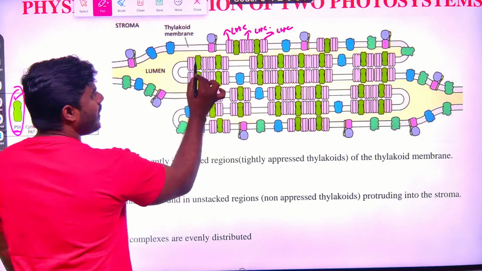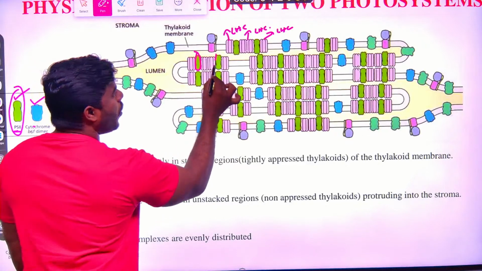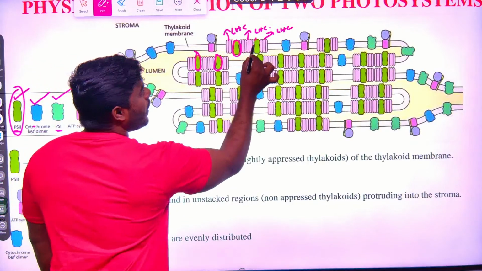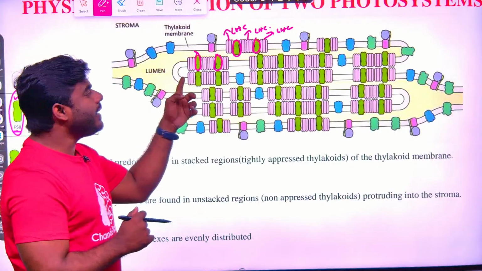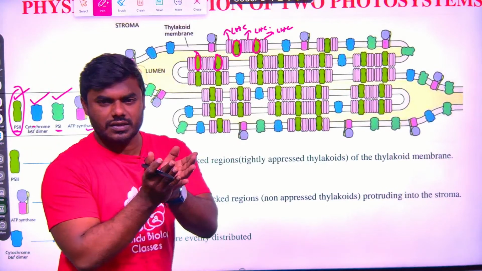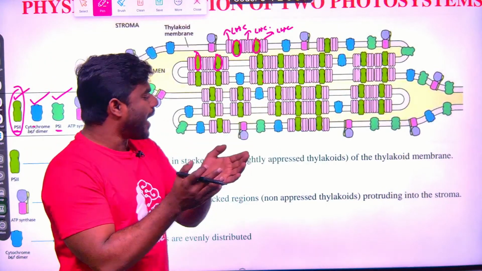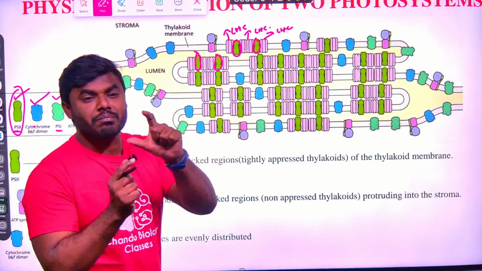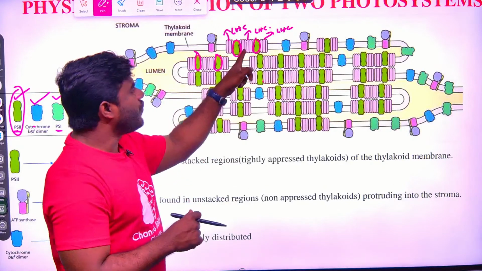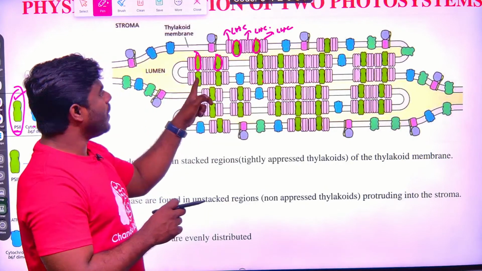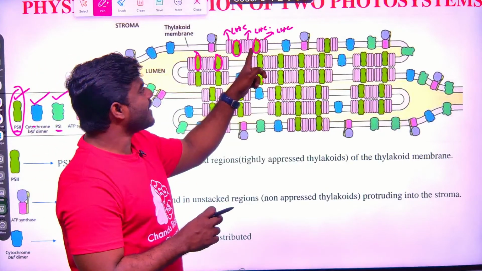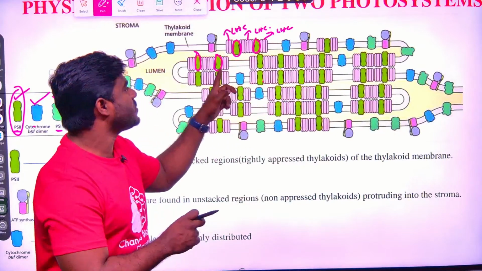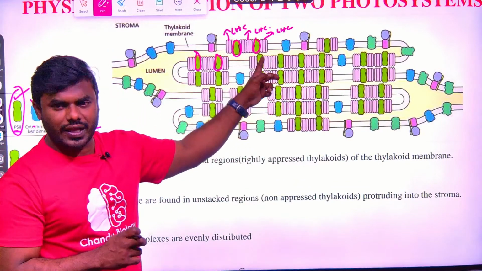You can see that PS2 is located only between tightly appressed thylakoids. What does the word tightly appressed or stacked thylakoids mean? The thylakoids are merged and not freely arranged. That's why we say it is arranged between the tightly appressed thylakoids, or stacked regions of the thylakoid.